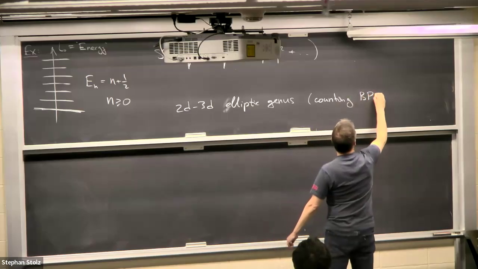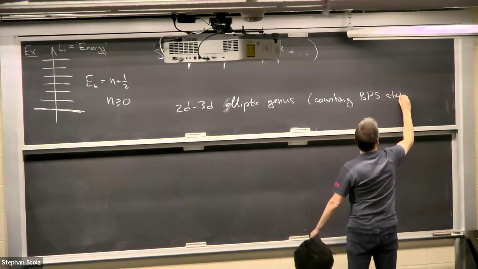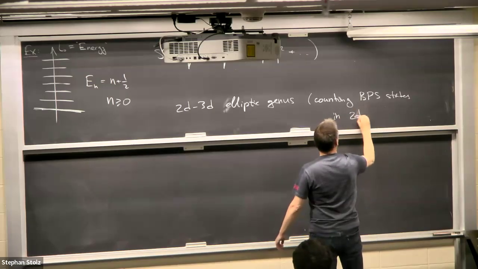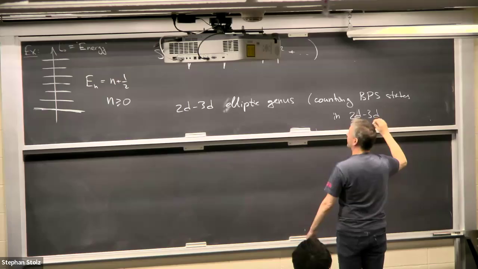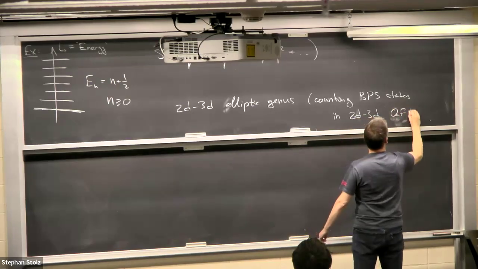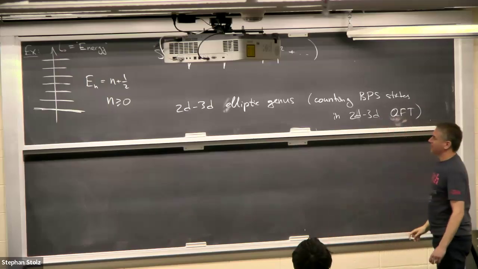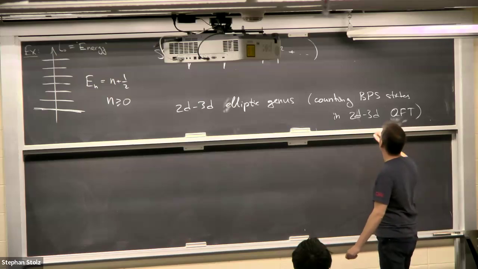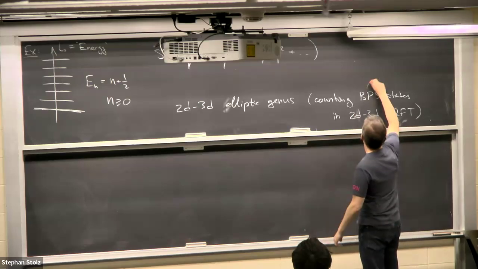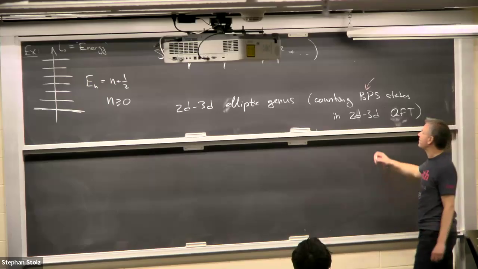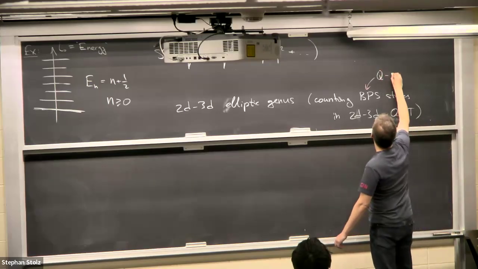Counting local BPS states in this combined 2D, 3D system, which may look very complicated. But this is actually also not too complicated. First of all, BPS states, this is a fancy word that physicists invented for something that in mathematics we know and love. This is Gukov homology.